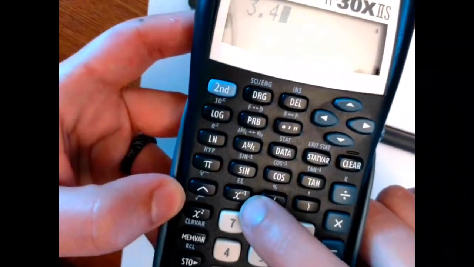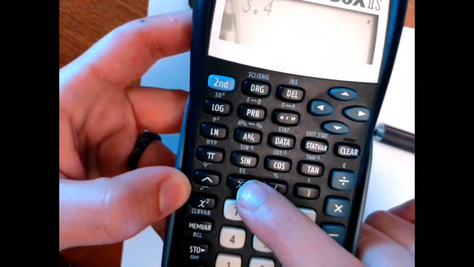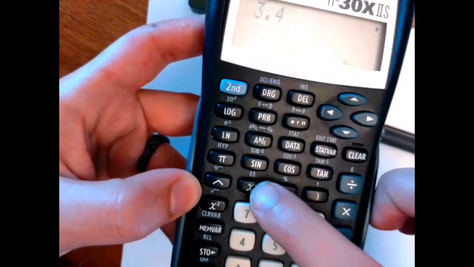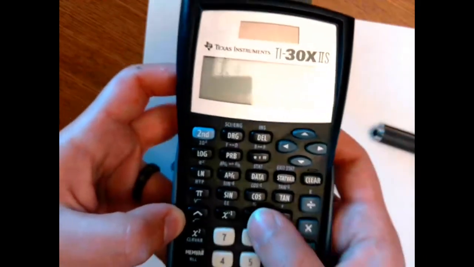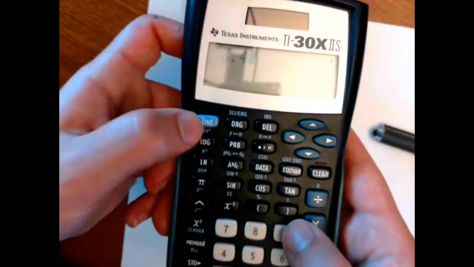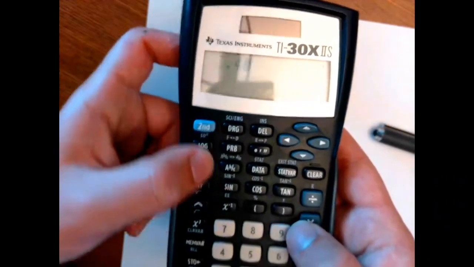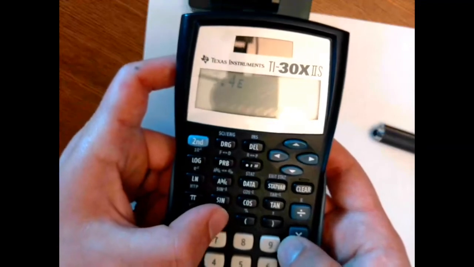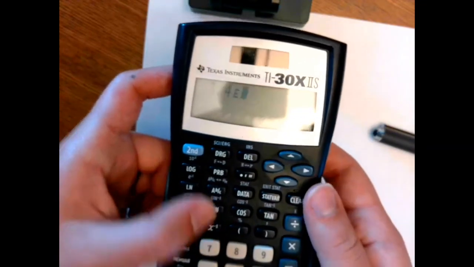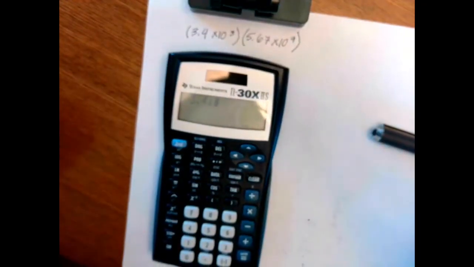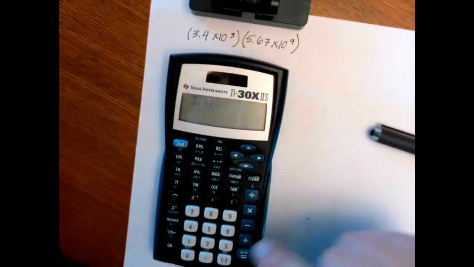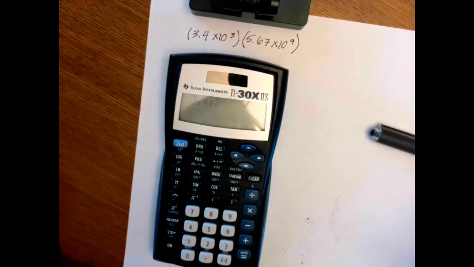We're going to use a button on your calculator called the EE button, and it's above the x to the negative 1, or to the exponent. That EE signifies a power of 10. The way you get it to show up on your calculator is, since it's blue, you have to hit second EE, and the E will show up, and the next number you have to put afterwards is to what power of 10 do you want to put it to? Well, you want to put it to the power of 3. So that's our first number.